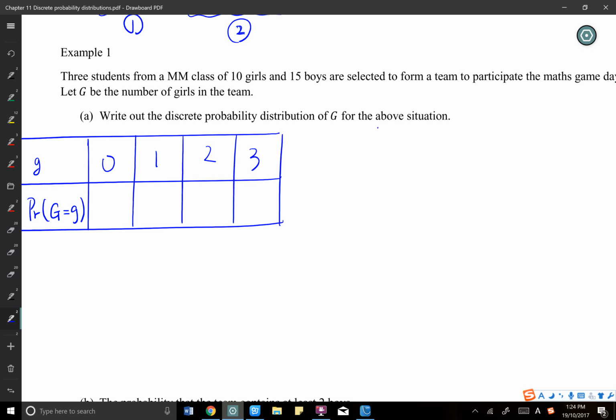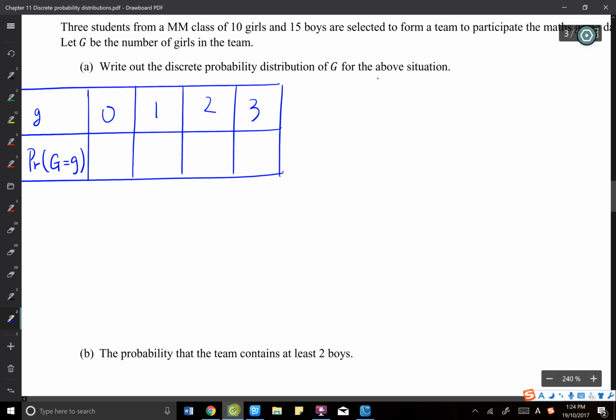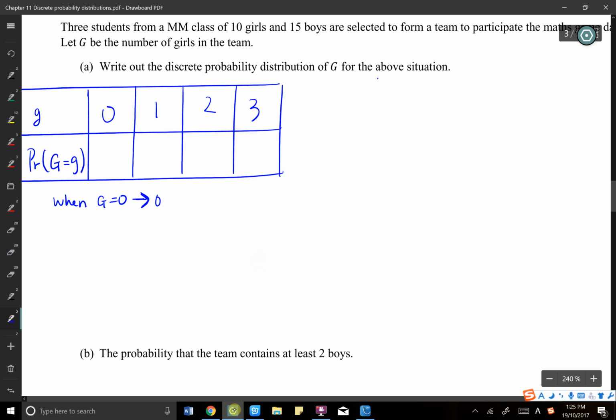What values do you have for the probability to get 0 girls? Now I want to find the probability to get 0 girls, when G equals 0. This represents outcomes in numbers. If we represent outcomes in words, that will be no girl and 3 boys.